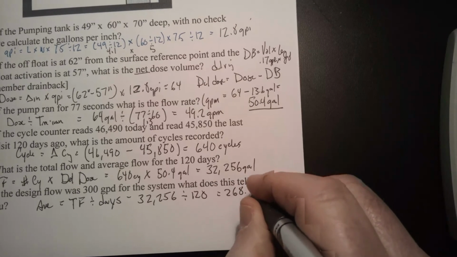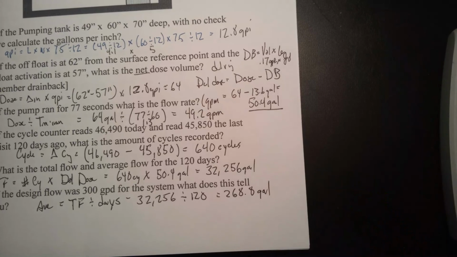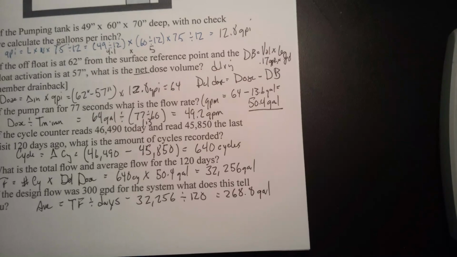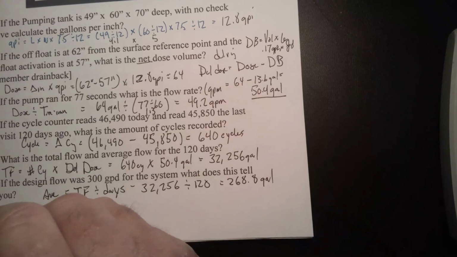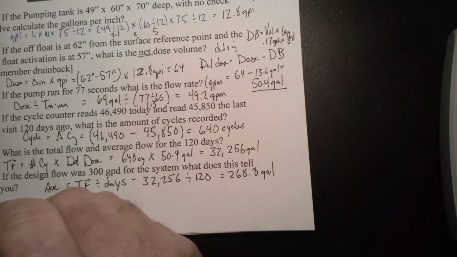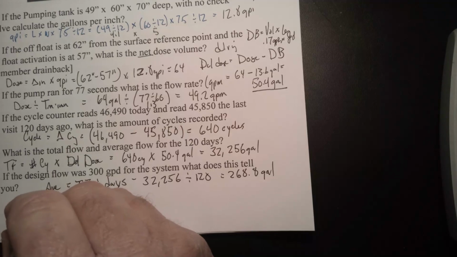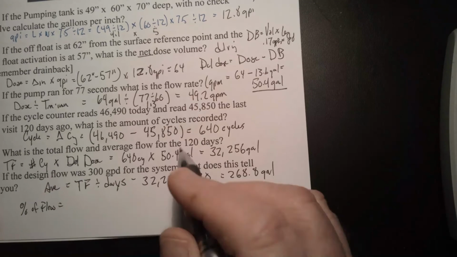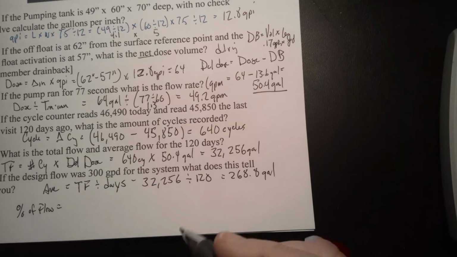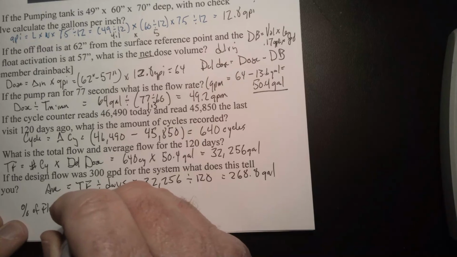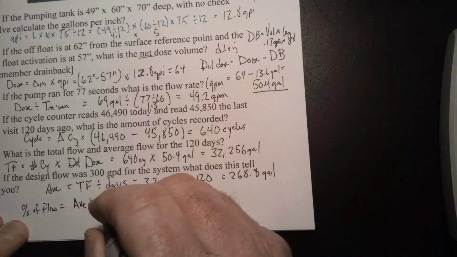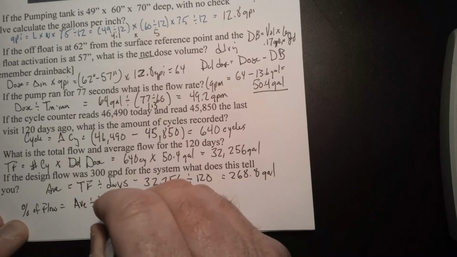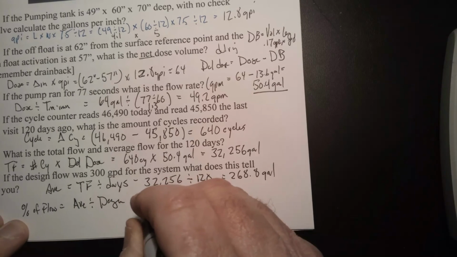268.8 gallons. If the design is 300, then what does that tell us for the system? Well, really what we want to calculate is the percent of flow. And so that's going to be the average divided by the design flow times 100.